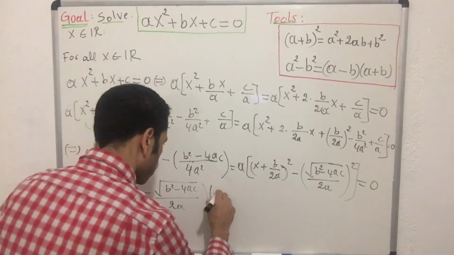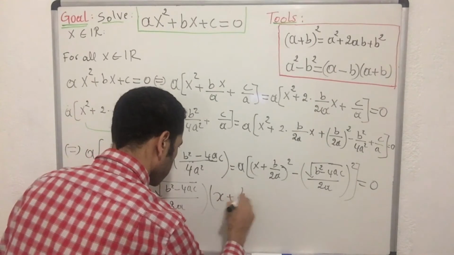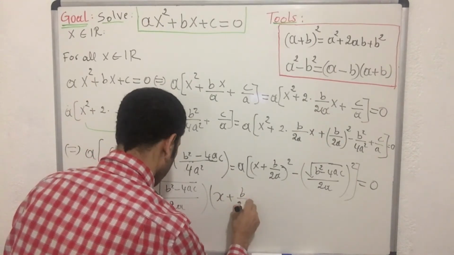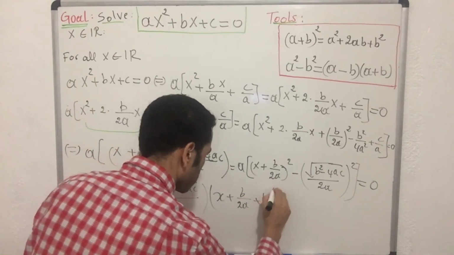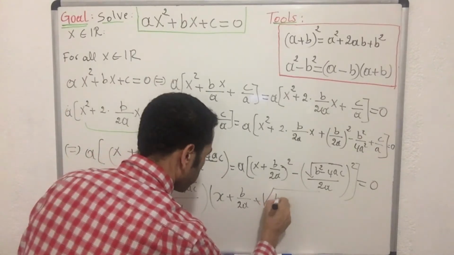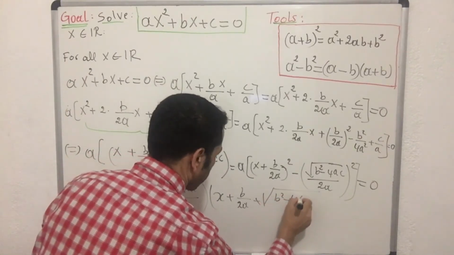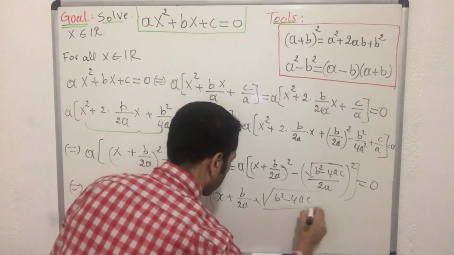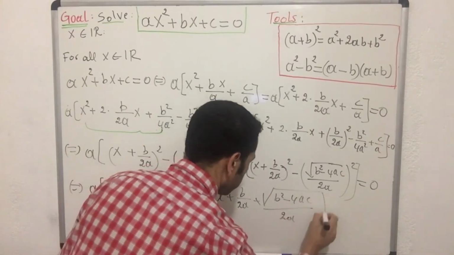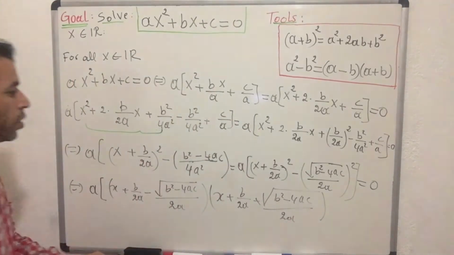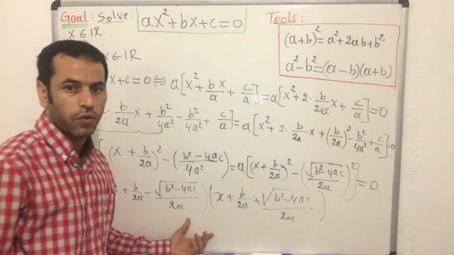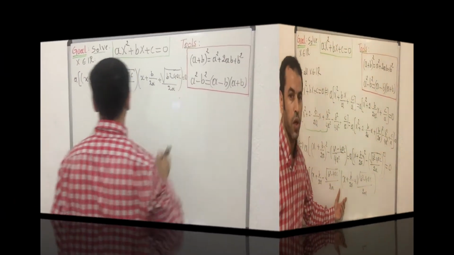Okay, so x plus b over 2a plus square root of b squared minus 4ac over 2a. Okay, now I'm running out of room. I bring this one to the top.